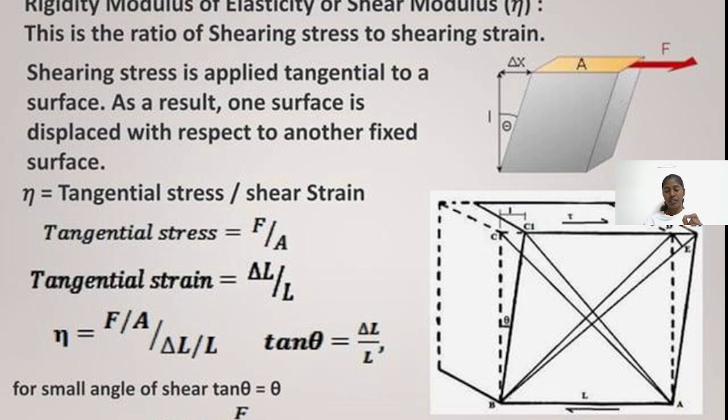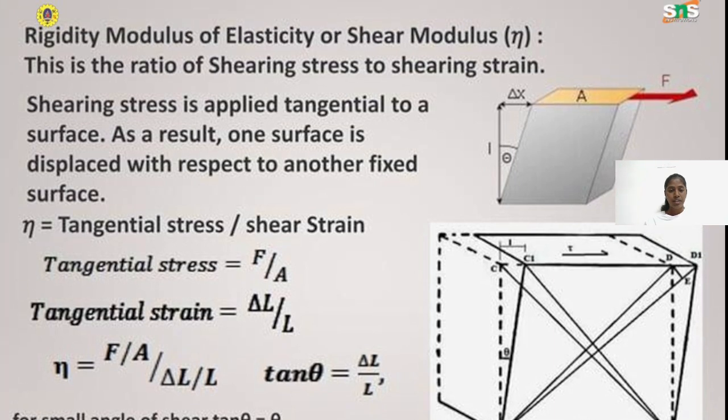Due to the application of tangential stress, the strain is produced: the fixed surface is BC and the displaced surface is BC1. So the tangential strain is del L by L.